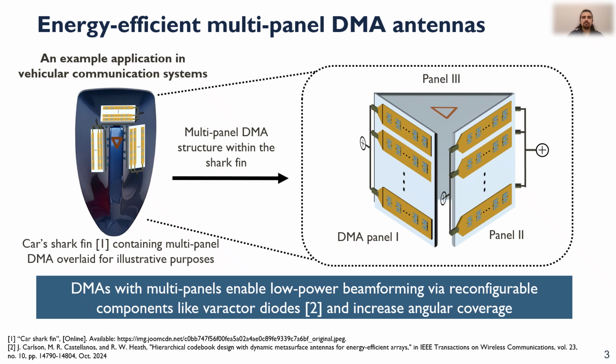The tunable radiating slots are enabled through circuitry elements such as reactive diodes in order to enable beamforming in the antenna. Thanks to the reconfigurability, DMAs can replace some circuitry components such as phase shifters in conventional phased arrays. In turn, DMAs provide energy efficient beamforming solutions.